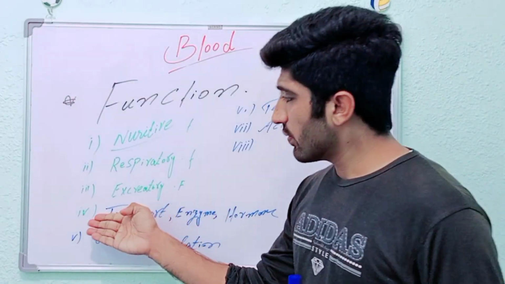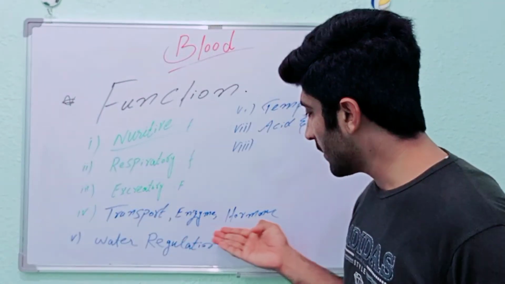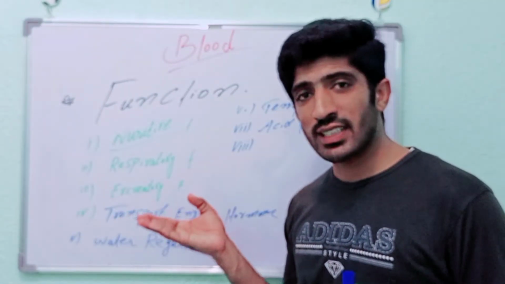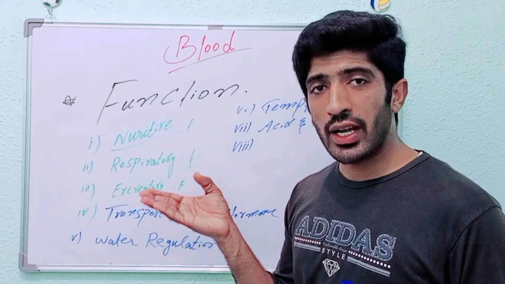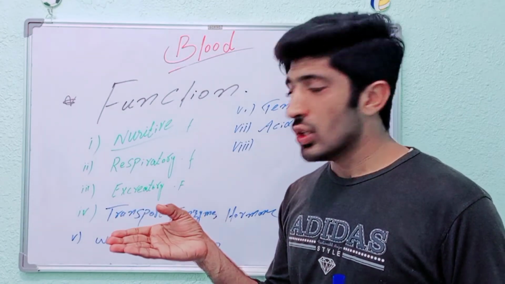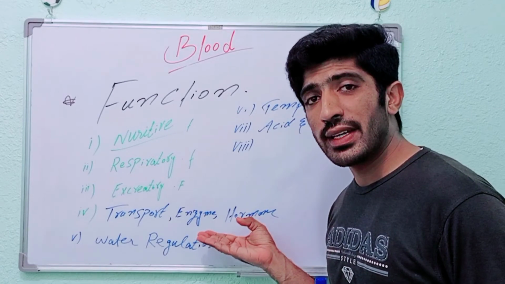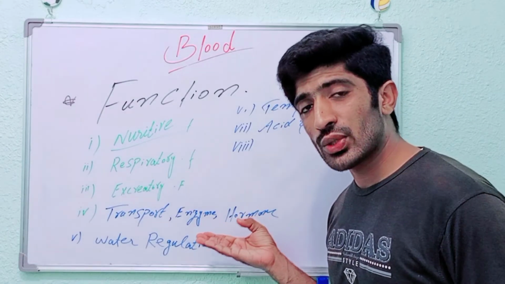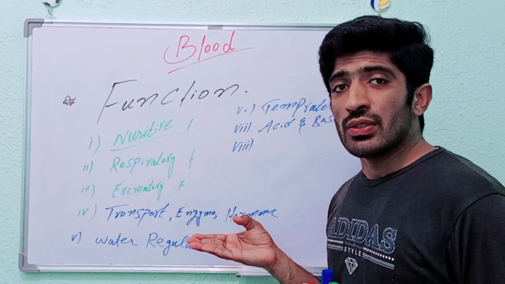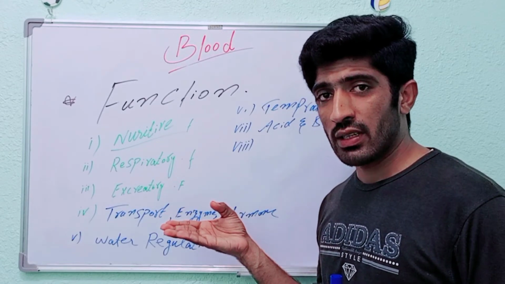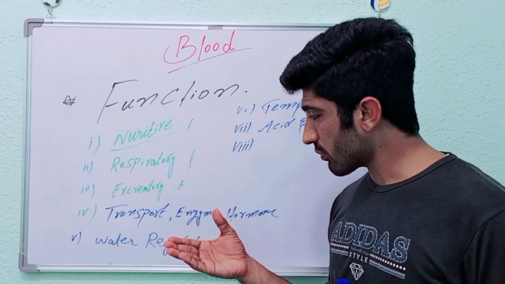The fourth is transport of enzymes and hormones. Blood takes enzymes and hormones from our endocrine and exocrine glands and provides them to all parts of the body.